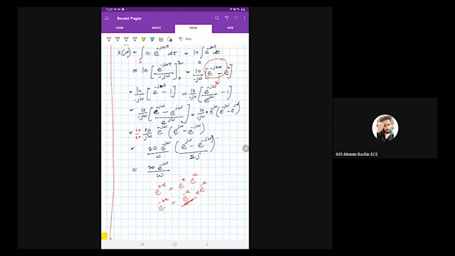When bases are the same, powers can be added. Or we can write it down e raised power minus x. This second term e raised power minus x, you can say it is 1 divided by e raised power x. Okay, it is one and the same thing. Or we can write it down e raised power minus x divided by e raised power x.